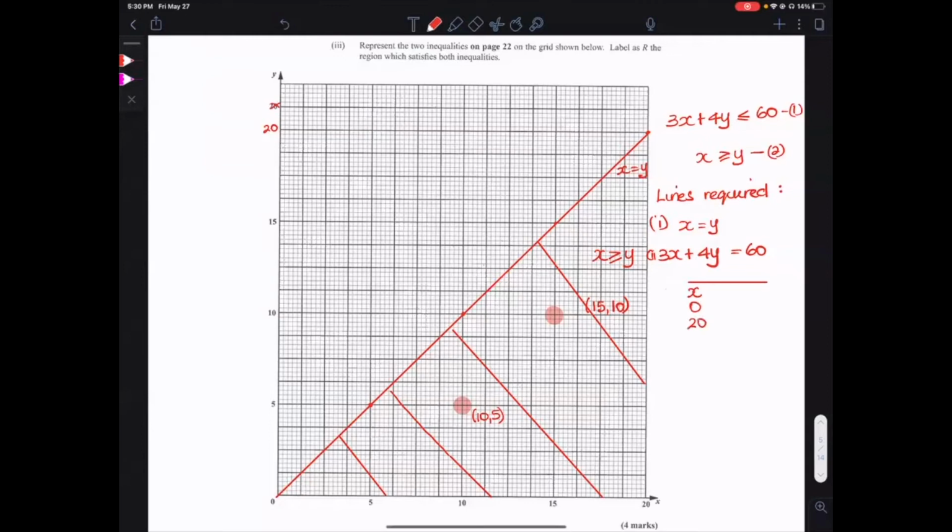You could use any value. Let's do that. Substitute x to be 0. So 3 times 0 plus 4y is equal to 60. So this will give me 0. 4y is equal to 60. How much is 1y?